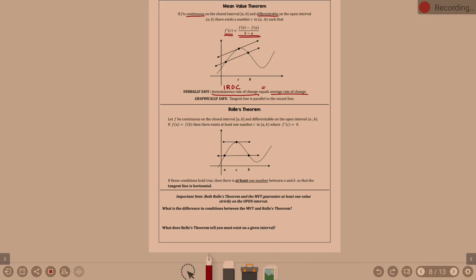F of b minus f of a over b minus a. That's AROC. When we talk IROC, we're talking about the tangent line. When we talk AROC, we're talking about the secant line. And your tangent line and your secant line were parallel the way we were doing this.